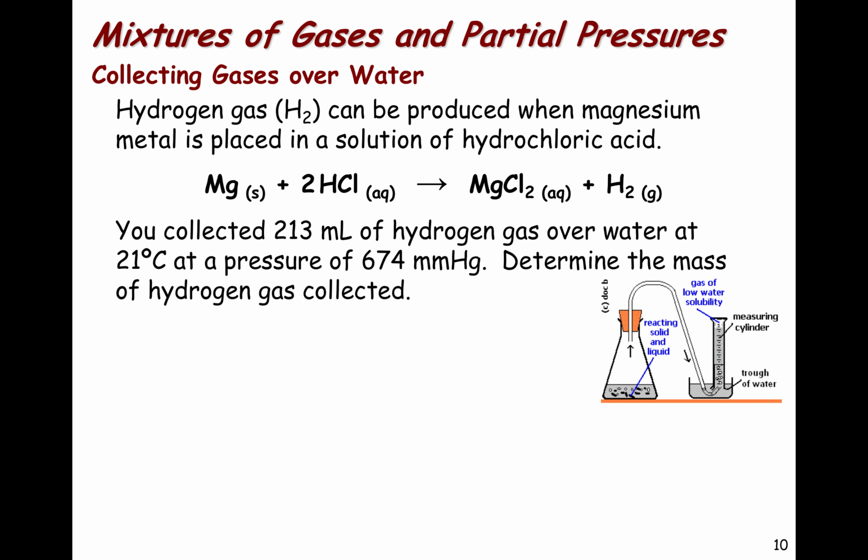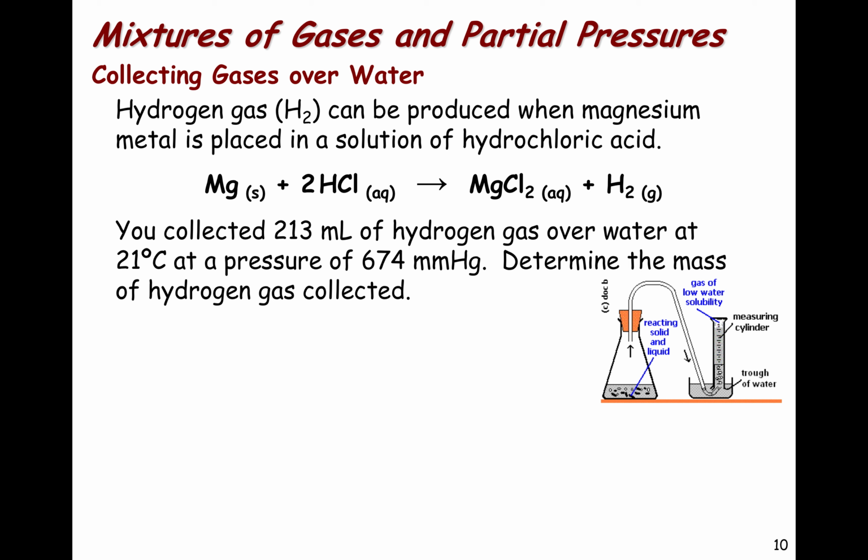And this then can be related to the sum of the various mole fractions adding up to 1. As an example of how we can use Dalton's law to understand a chemical reaction, if we were to do the reaction between magnesium metal and hydrochloric acid, which would produce an aqueous solution of magnesium chloride and hydrogen gas, it's possible to collect the hydrogen gas in the apparatus that you see on the right hand side here, where you have an Erlenmeyer flask and magnesium metal down in the hydrochloric acid.